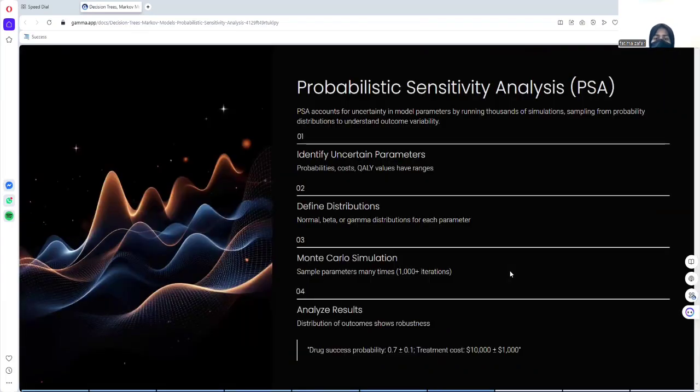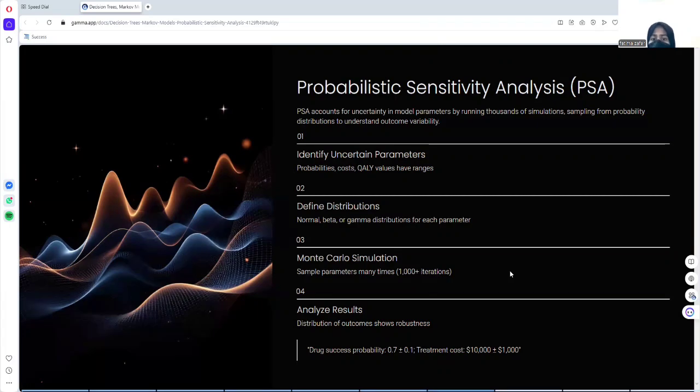Now we will see probabilistic sensitivity analysis. PSA accounts for uncertainty in model parameters by running thousands of simulations, sampling from probability distributions to understand the outcome variability. First, identify uncertain parameters. What does it mean?